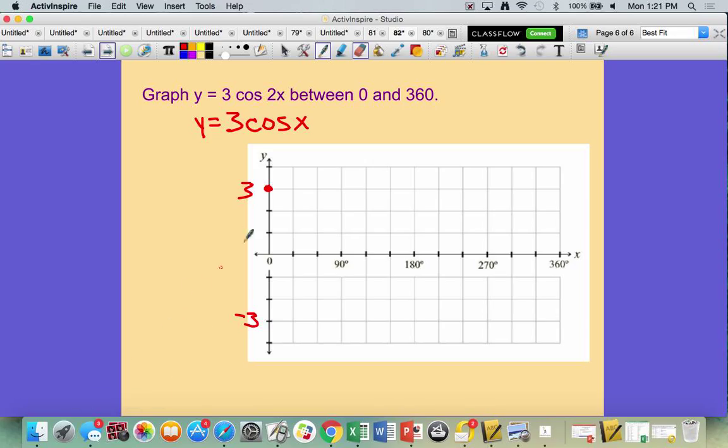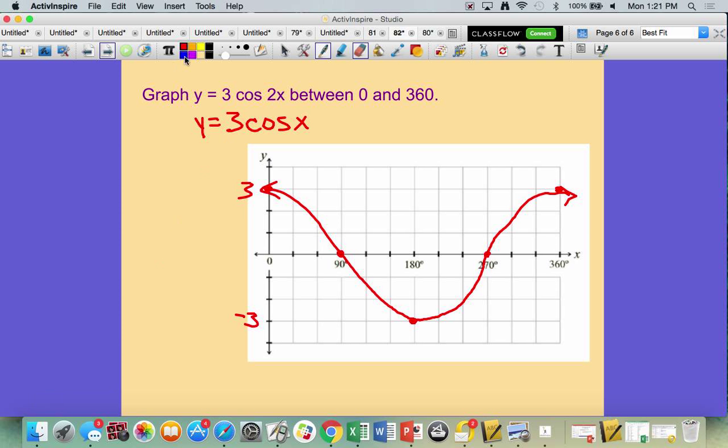And how this works is it starts at 3, it's going to end at 3. Halfway in between those two though, it's going to be down at -3. Halfway in between those, 90 and 270. And then we connect the lines best we can. And there's our 3 cosine x.